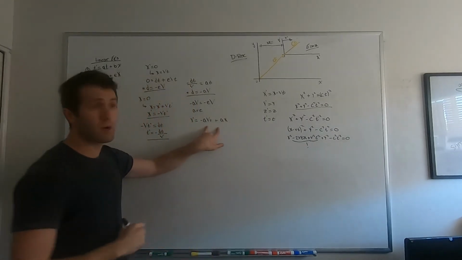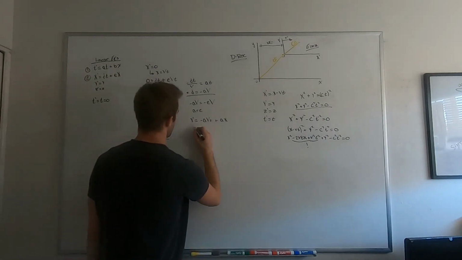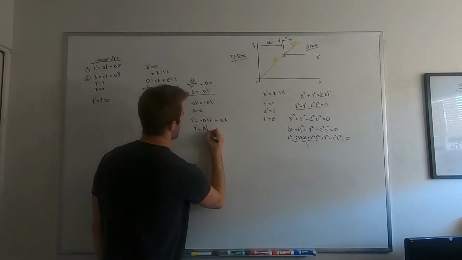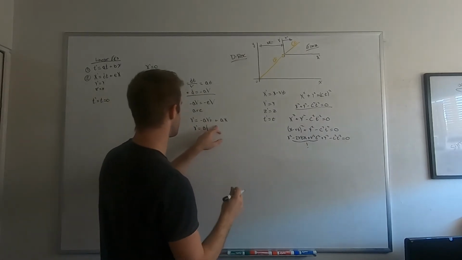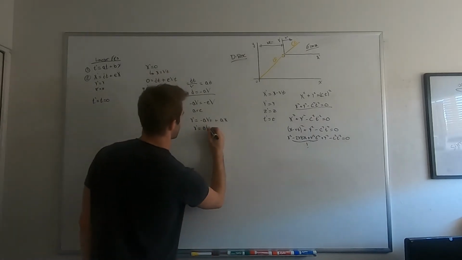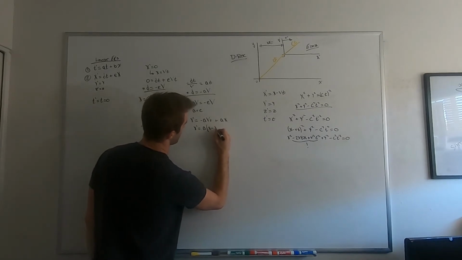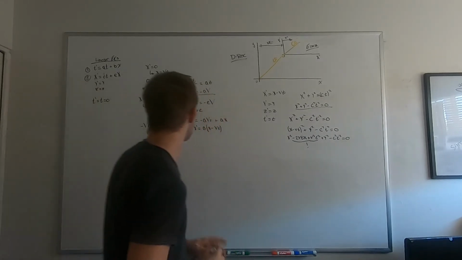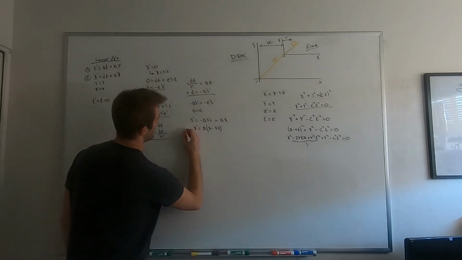So let's factor out this a, and we end up with x prime is equal to a times, well, rearranging this around, we just have x minus vt. All right, great. So this is updated now. So let's call this one 2.1.